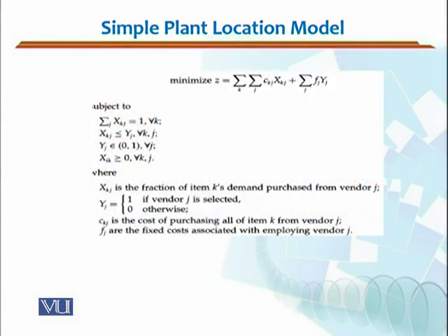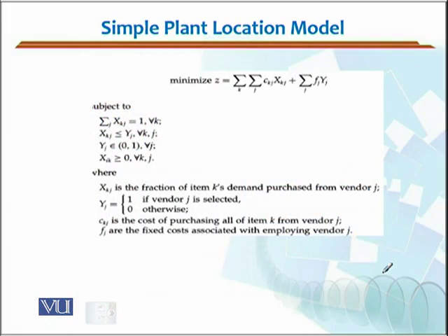Now, if you see this basic model, it would be minimizing some function z, subject to some constraints. So we have a constrained problem. A constrained problem is one where there is not only the objective to be maximized or minimized, but it should also satisfy the different constraints.